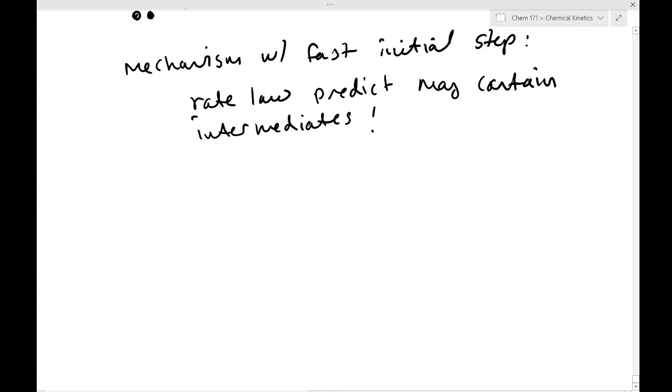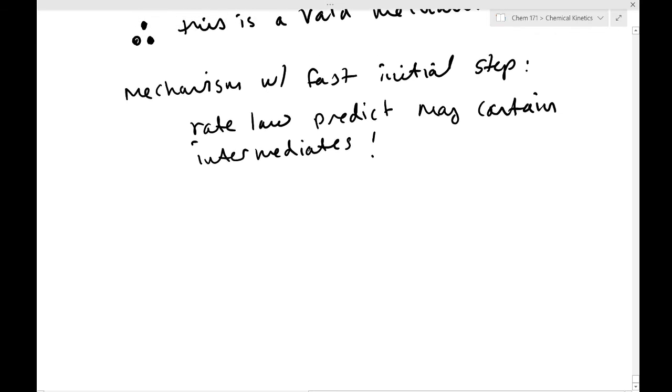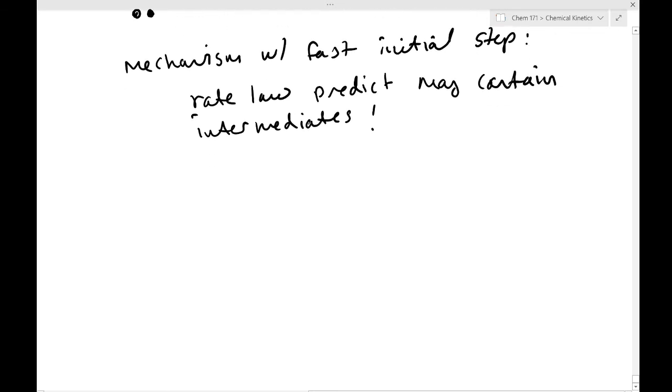Whoa, what does that mean? That means that when you form the rate law from one of these fast elementary steps that actually form an intermediate, you can end up having an overall rate law for the overall reaction being proportional to the concentration of an intermediate.